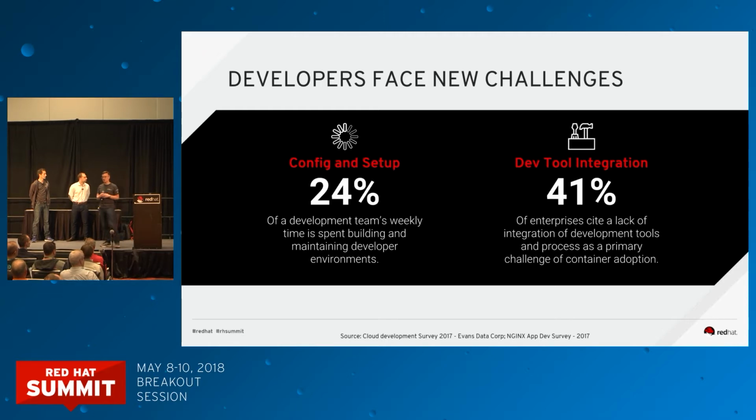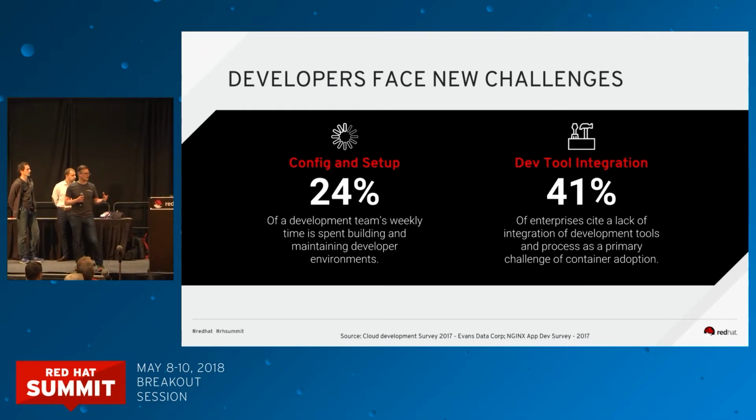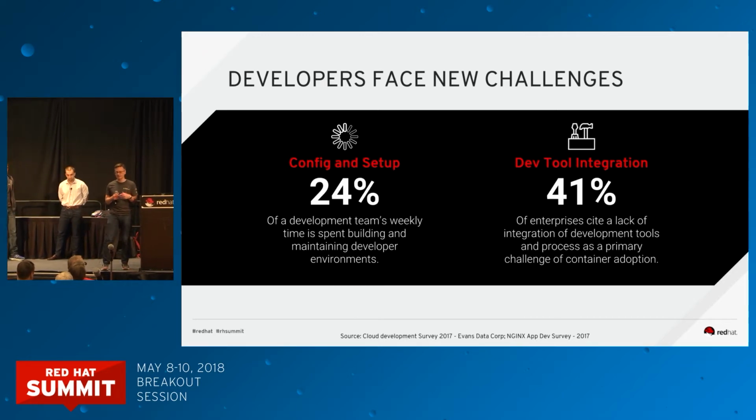Config and setup, when we've looked at it amongst our customer base, can take up to 24% of a team's weekly time. And that's because the applications we work on are getting more and more complex. It's not like it was 15, 20 years ago where I work on a Java application and it's Java from front to back, top to bottom. And so I need to get one version of the JVM and one version of an app server and then it's pretty much good.